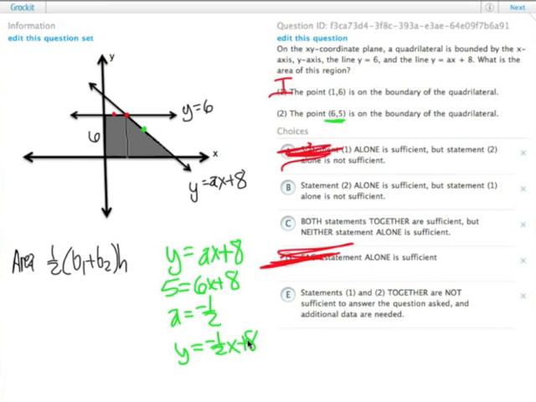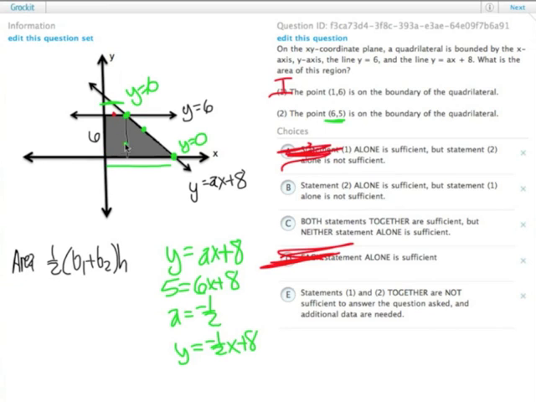From there, all we have to do is plug in y equals 0 to get this point. And then when we get what the x value is, we have this distance. And for this one, we would plug in y equals 6 because it intersects with the y equals 6 line. And whatever the x value is for that, that's the length of this base.